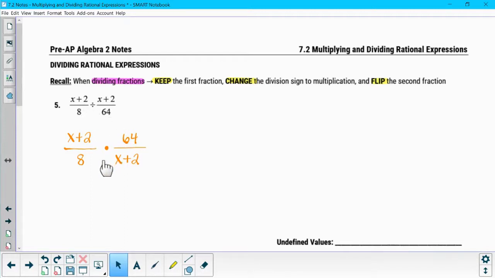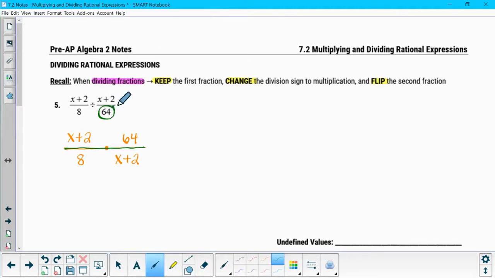Now, the thing that is different and that you have to be careful of is, remember, we are creating one big numerator and denominator. However, we have to remember where we started. This term was in a denominator. And remember, we can't divide by 0 in any instance.